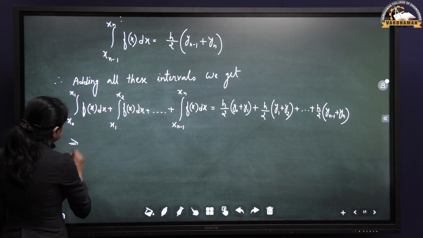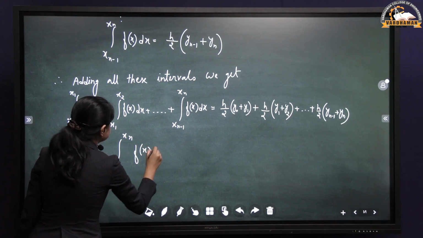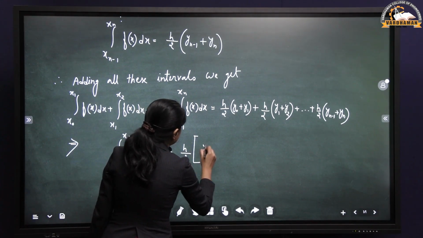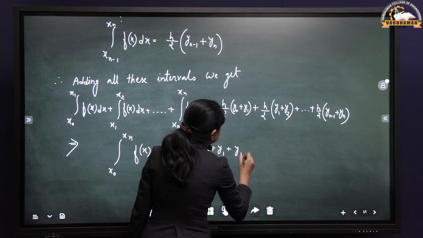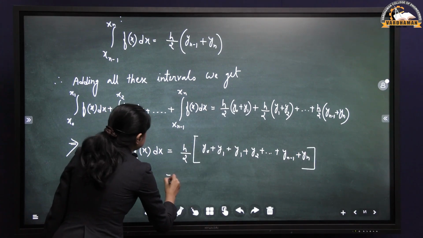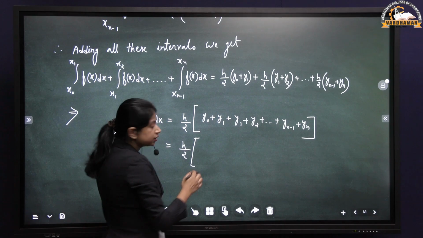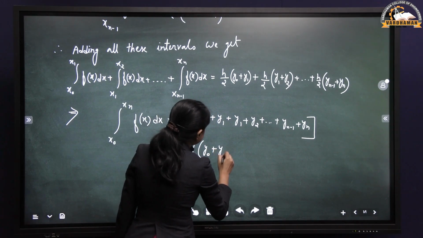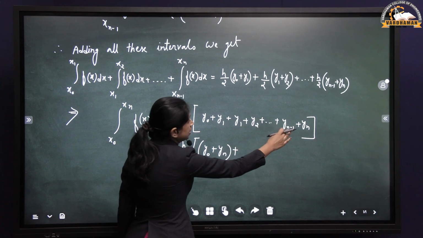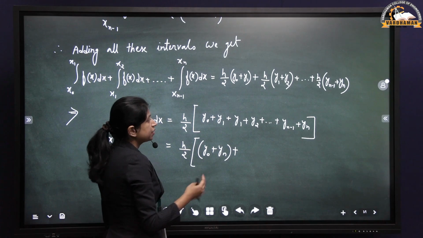Now this side will become integration x0 to xn f of x dx, and on this side we can take h by 2 as common: (y0 plus y1) plus (y1 plus y2) plus so on (yn minus 1 plus yn). Now we can combine y0 and yn together, y0 plus yn, and all the other terms, y1 plus y1, y2 plus y2, then yn minus 1 plus yn minus 1, will be appearing twice.